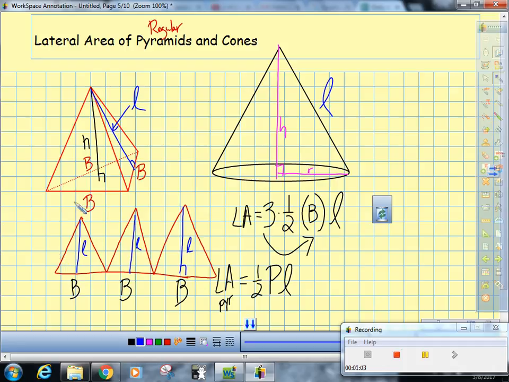In fact, I don't know if you know it or not, but you would get this type of shape. Okay? However, if you can think about a cone like a pyramid with an infinite amount of sides, then you should very easily be able to come up with the lateral area for a cone.